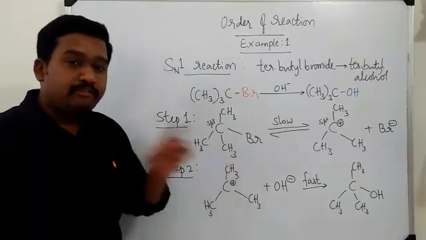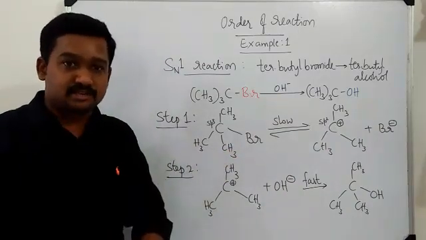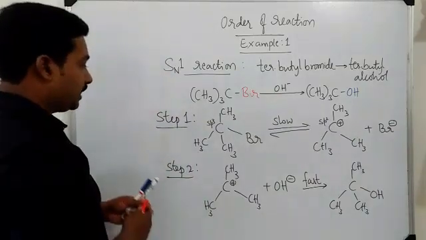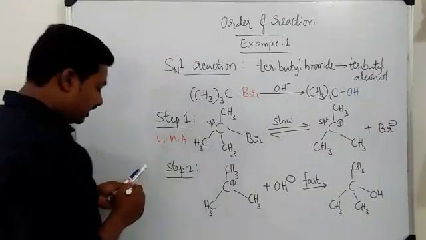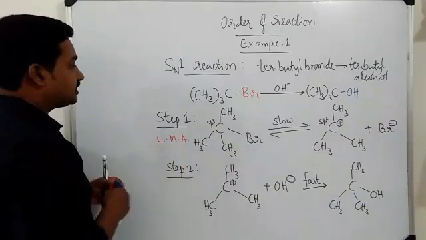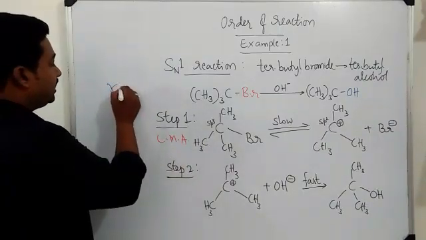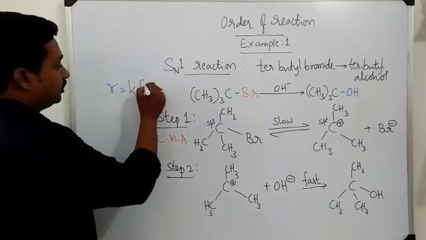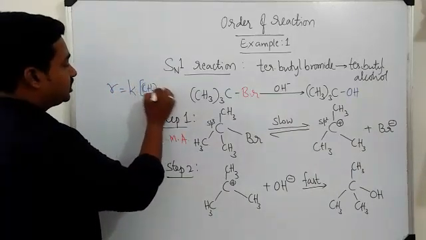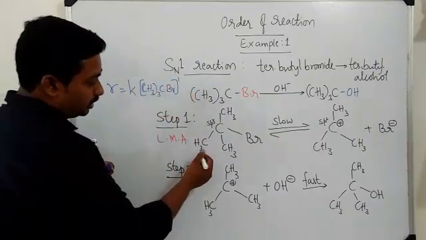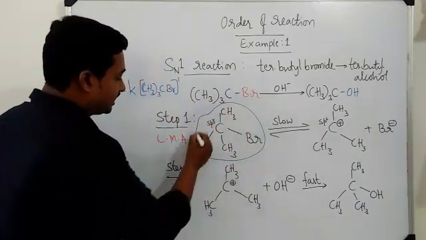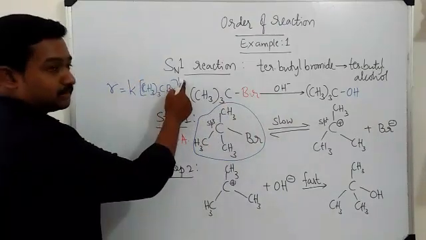From this step, if I apply law of mass action for the step 1, I'll have a rate equation given as rate equals K into concentration of tertiary butyl bromide to the power 1. Because there is only one reactant in this case, the power becomes 1.